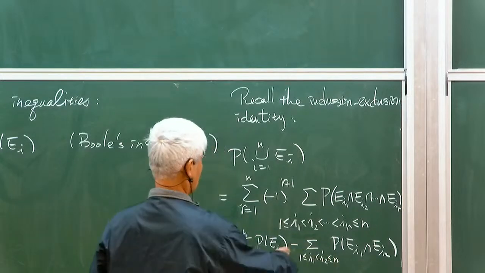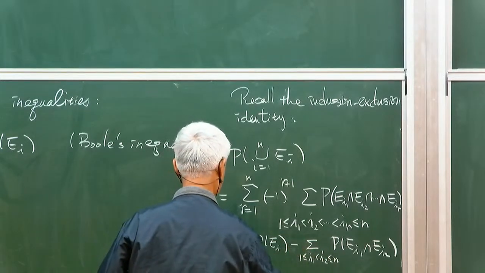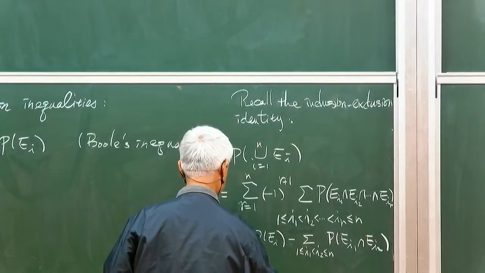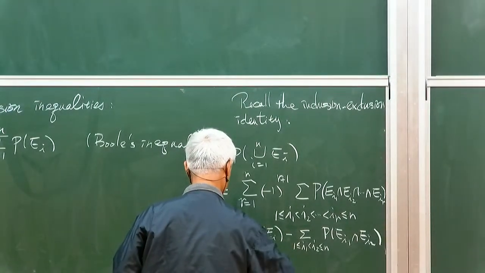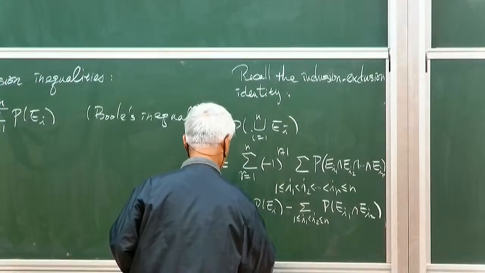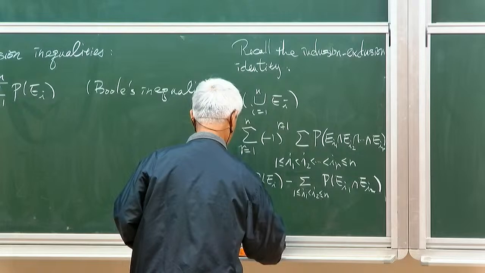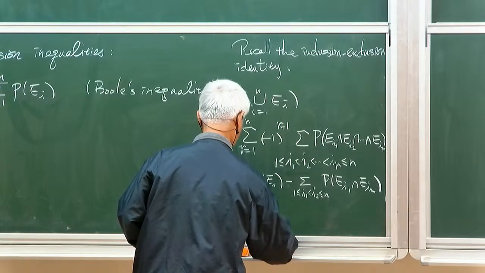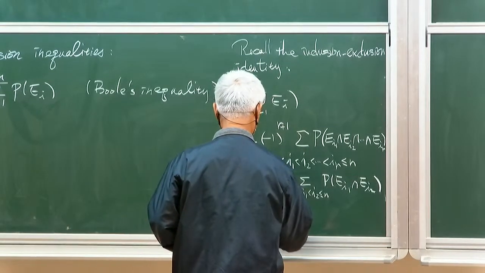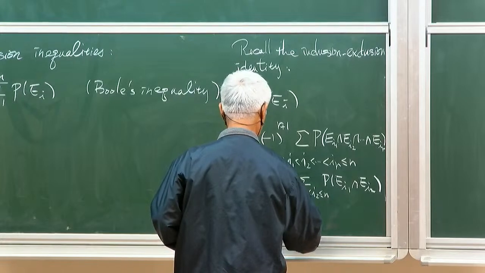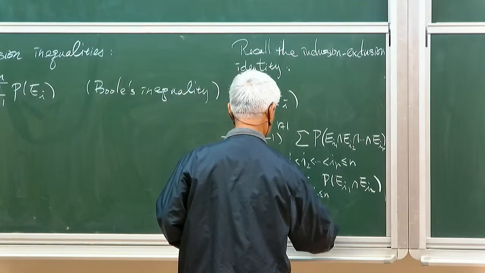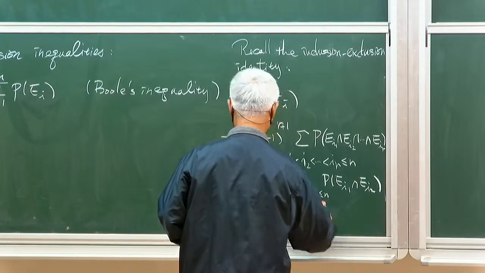And then we add a term, the probability of E i1 intersect E i2 intersect E i3.